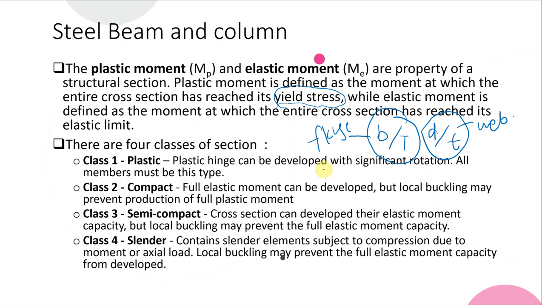So sebenarnya bila kita provide like up until like full plastic moment, maksudnya the elements itself is very, macam cakap the thickness B/T ni, okay, is very high. Maksudnya ratio dia tak banyak beza. Saya nak cakap B dengan T ni ratio dia tak banyak beza, sebab B you divide by T kan.